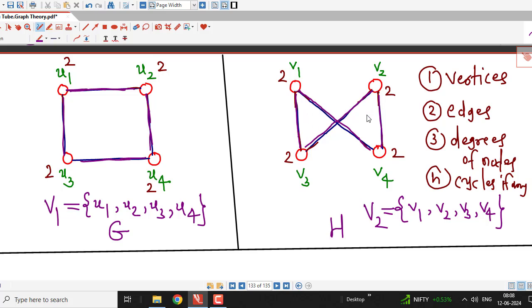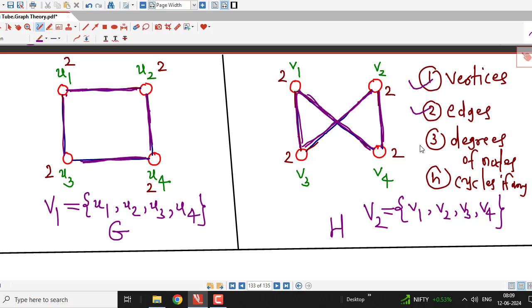So here also we have one cycle of length 4. The length of a cycle means the number of edges in the path. So here we have 4 edges, and here also we have 4 edges for this cycle, starting at v1 and ending at v1. This means both graphs have one cycle of length 4.